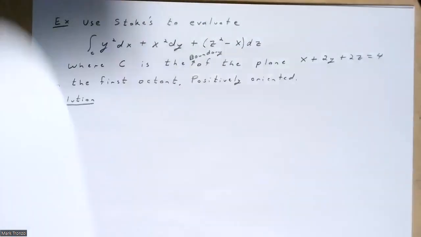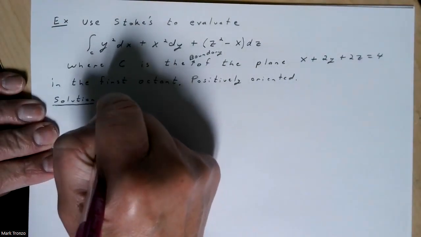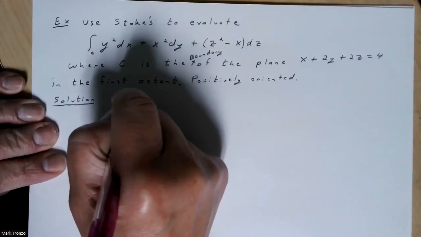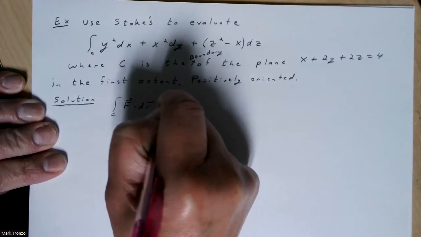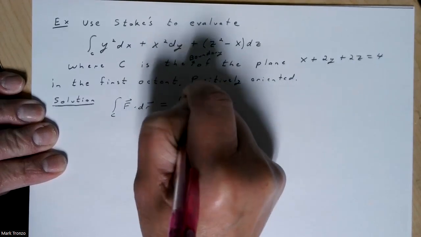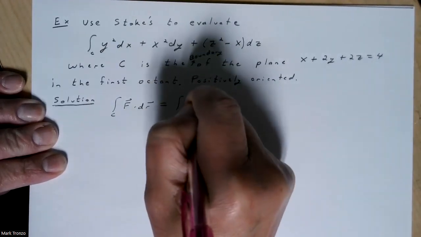So once again, let's keep the equation in front of us for Stokes. So again, it's going to be the line integral of F dot dr is equal to the double integral over the surface.